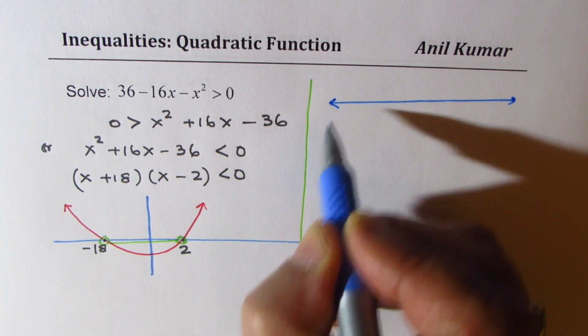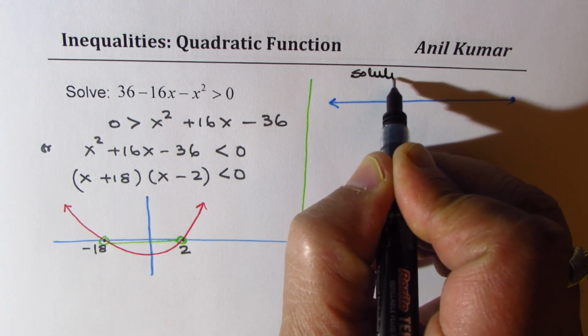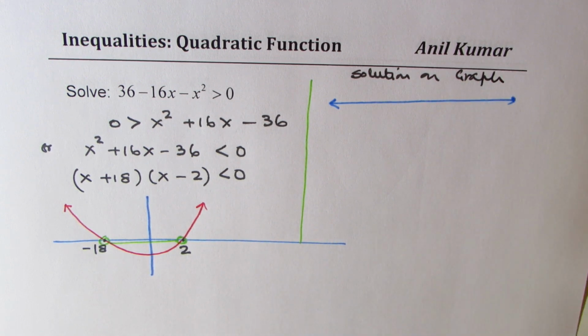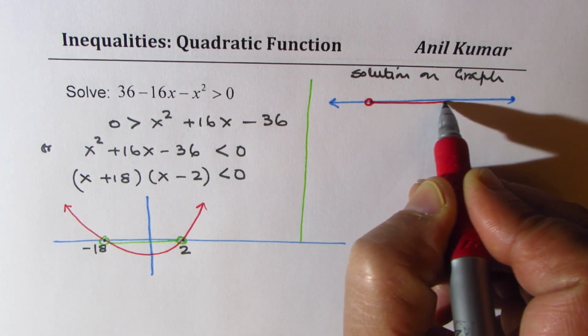So on a number line, I will show my solution as what? Let me write here. When we say graph, we mean the number line. It is between minus 18, not including it, to 2.